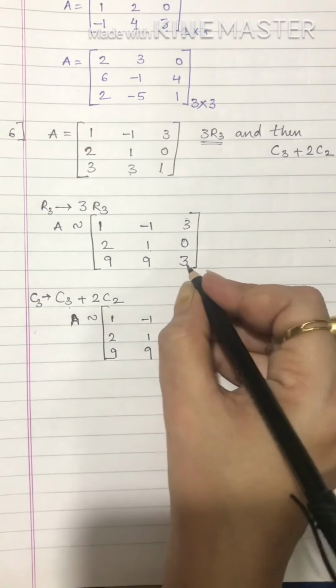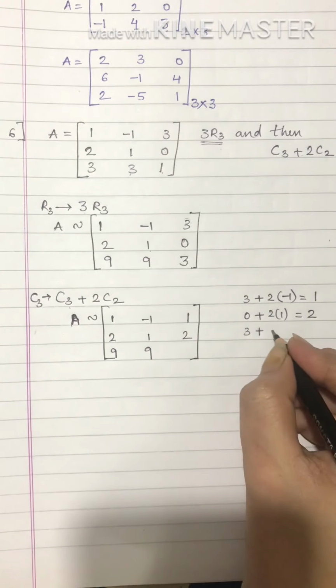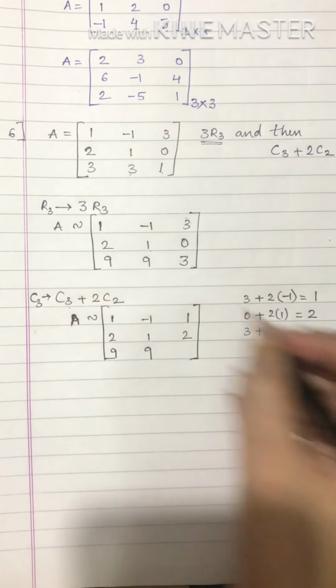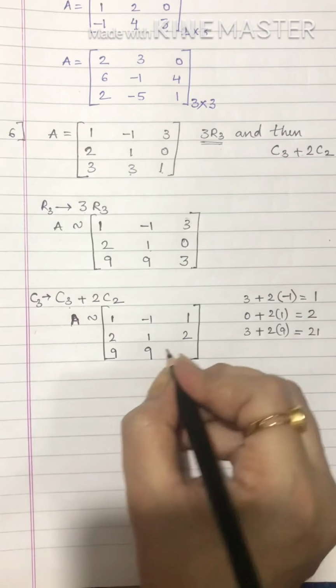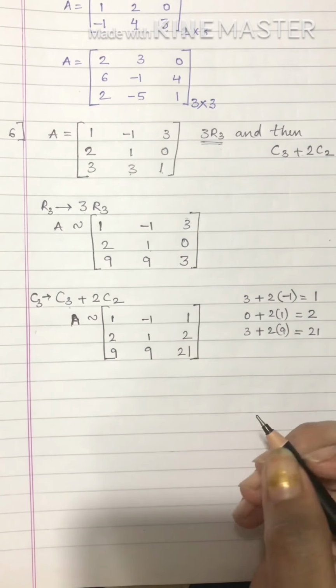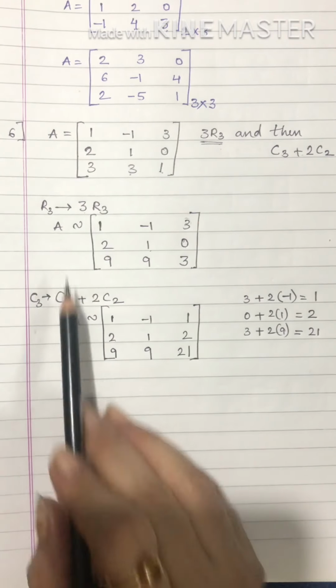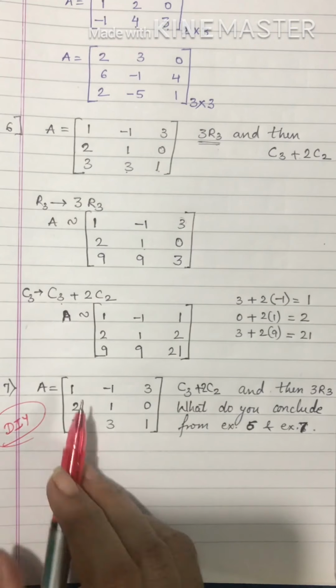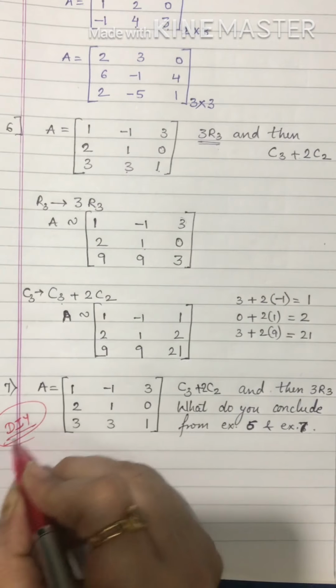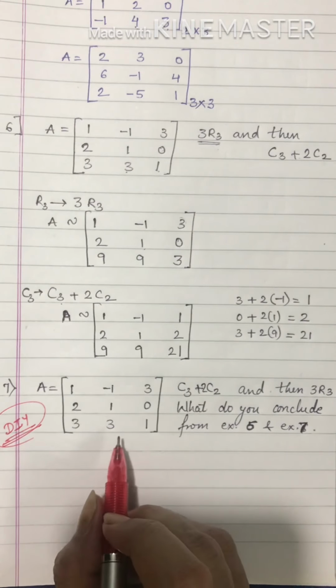And for the third one we have 3 plus 2 into 9, 2 nines are 18, plus 3 gives us 21. So here it is 21. See, this is how the transformations are to be carried out. It's easy. The next question which I have picked up actually goes for DIY, that is, a do-it-yourself type of question.